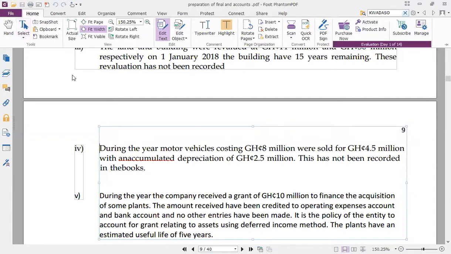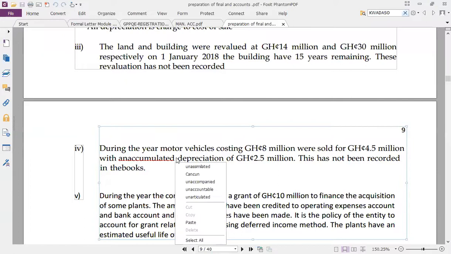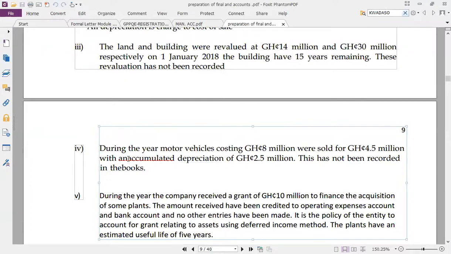Step 1, add the proceeds to your cash. So the proceeds of 4.5 million will be added to the cash of the entity. Step 2, calculate the profit or loss on disposal.